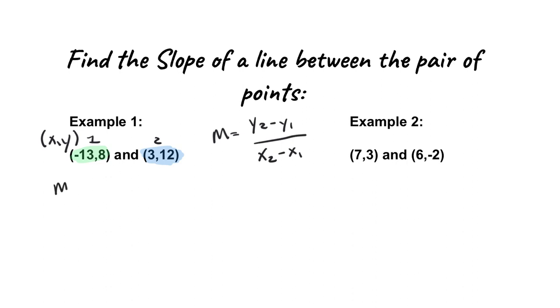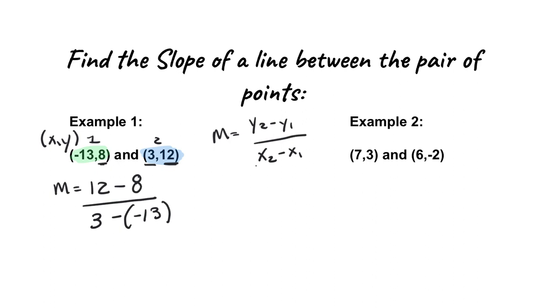So m equals y2. This one goes first. So 12 minus y1, so would be 8, over x2. So second one, x2. So 3 minus negative 13.